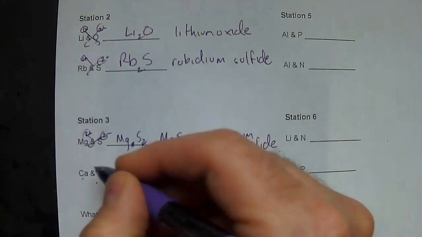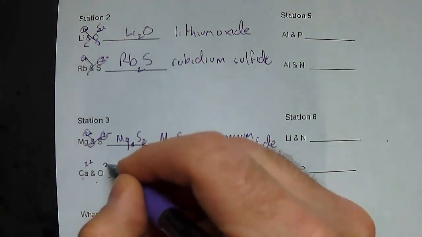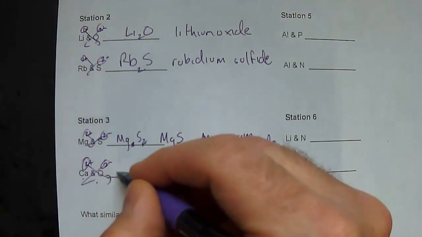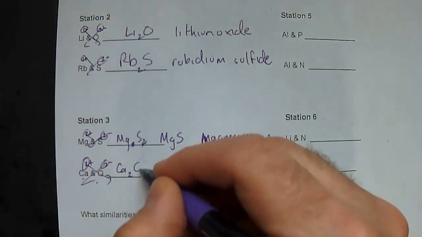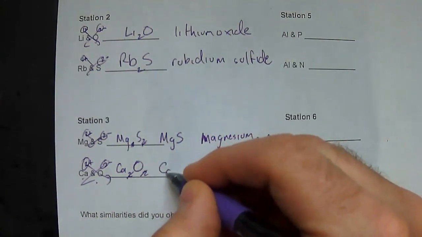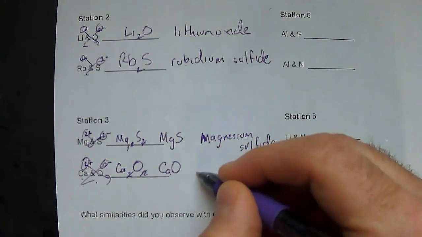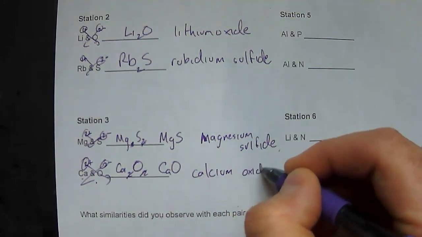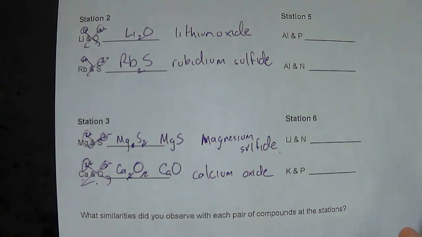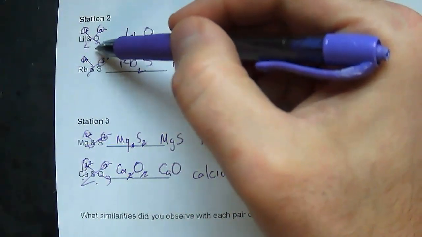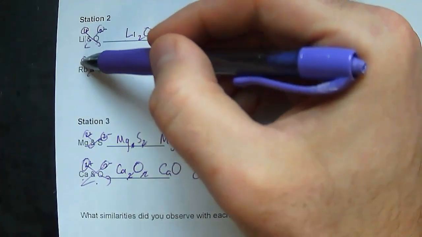Okay, Ca and O, 2 plus with a 2 minus. Crisscross. But again, these can be reduced, so we reduce them to CaO. And so that's going to be calcium oxide.